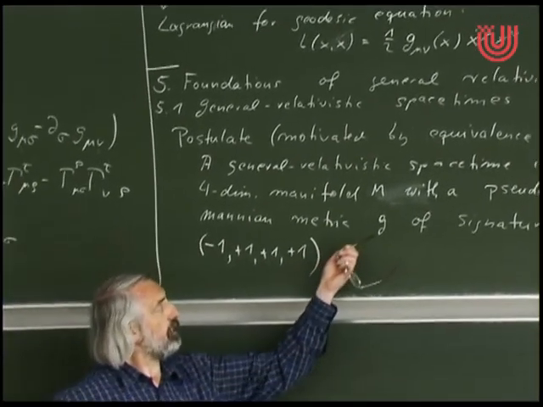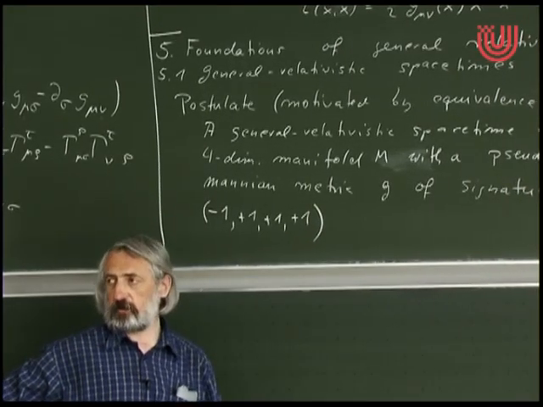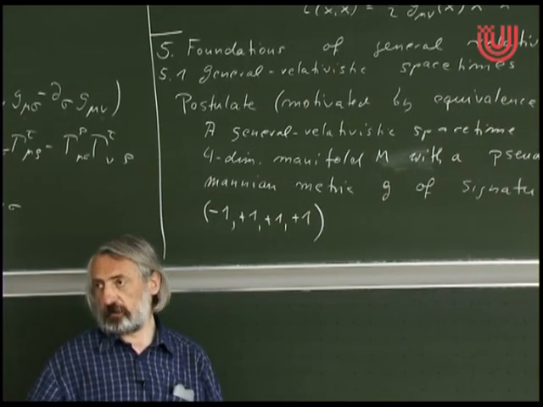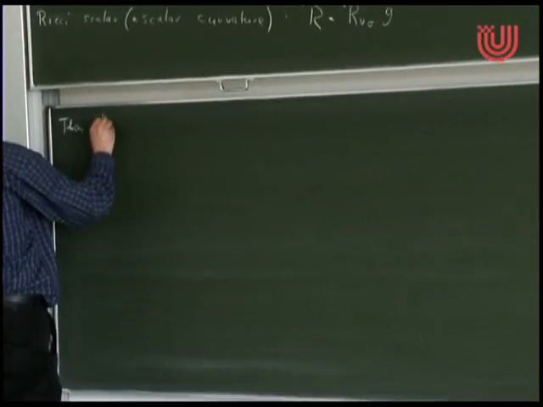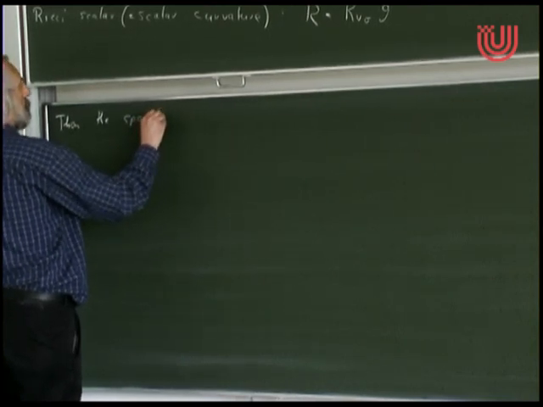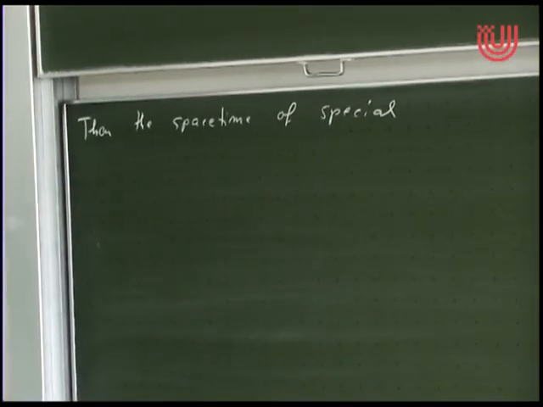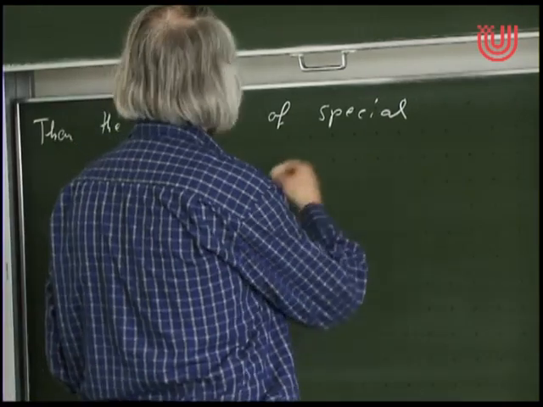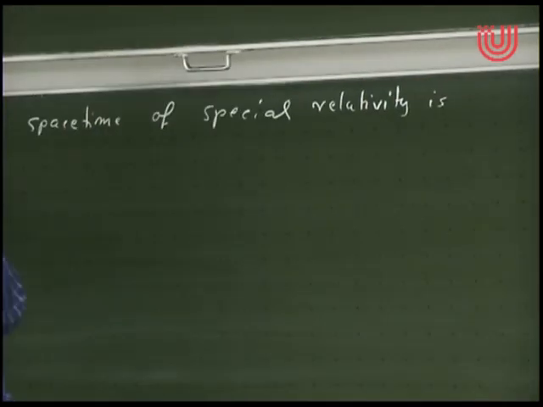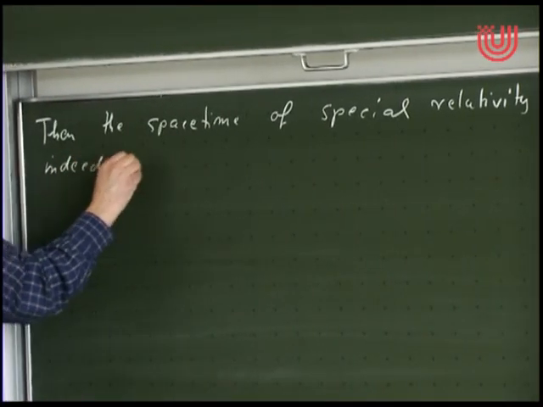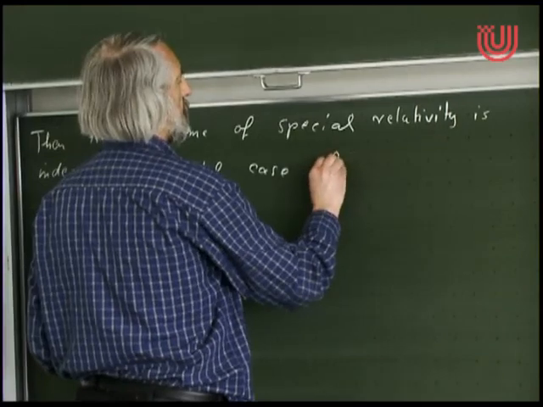The spacetime of special relativity is characterized by the fact that this g admits constant components in a certain chart on the whole spacetime, namely the η components. So the spacetime of special relativity, that's what we discussed at some length in the first 4 or 5 weeks, is indeed, as the name suggests, a special case of a general relativistic spacetime.